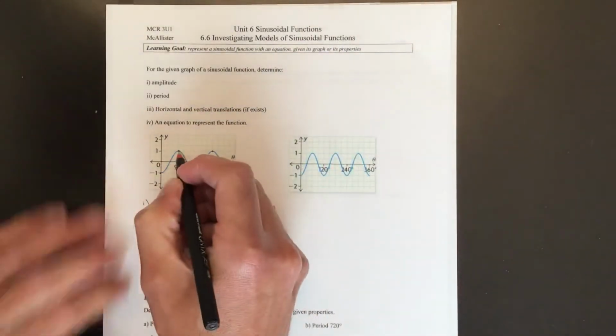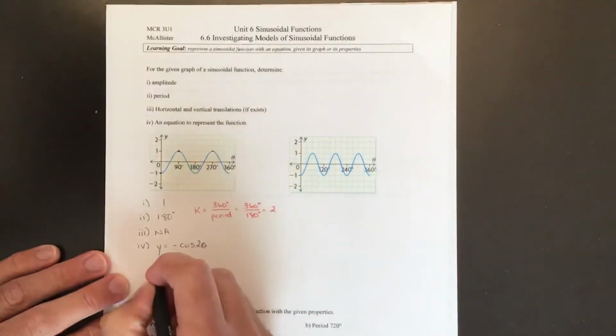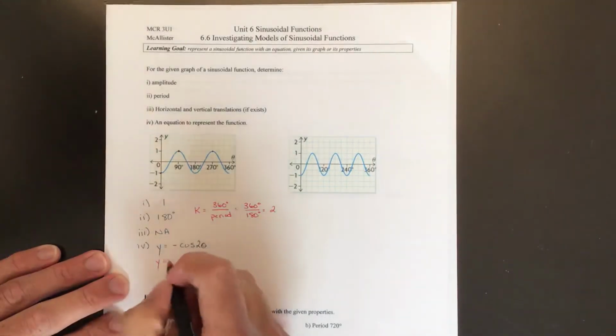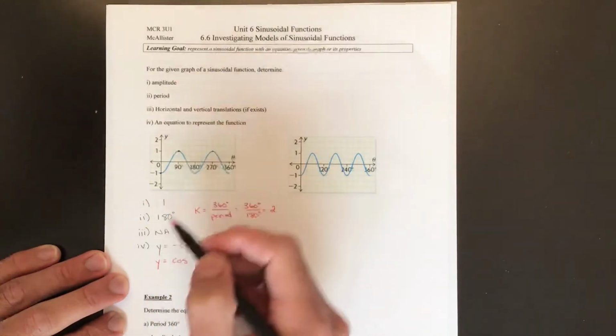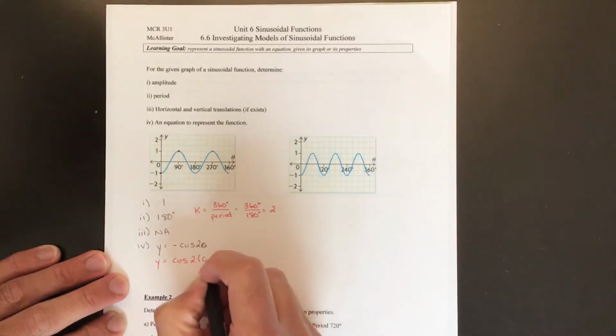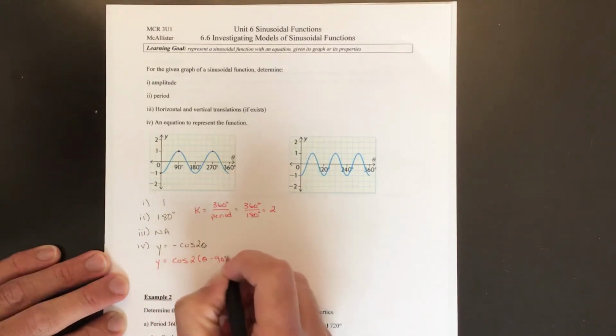Because they're starting here and not starting at the y-axis, the equation then becomes y equals cos, because my amplitude is still 1, 2 theta minus 90.